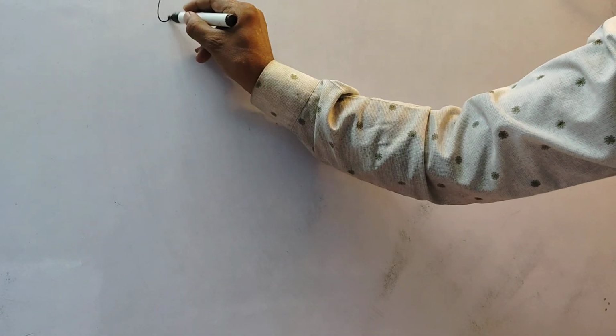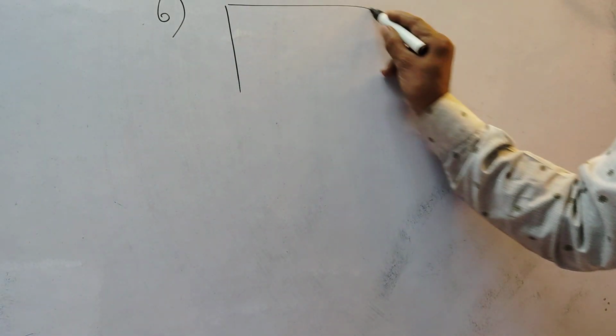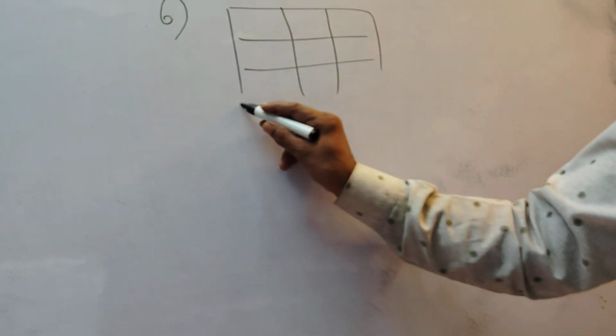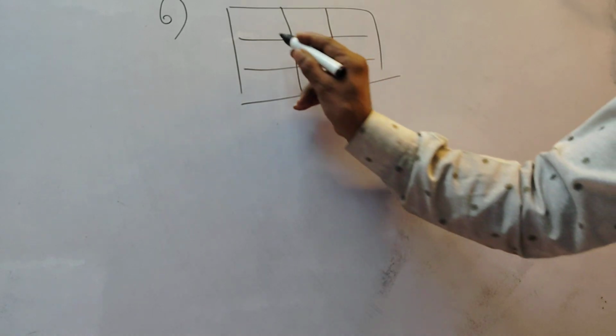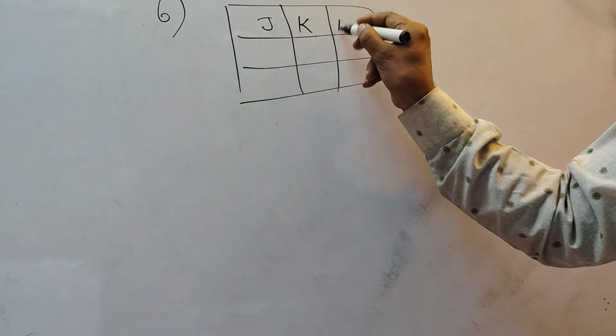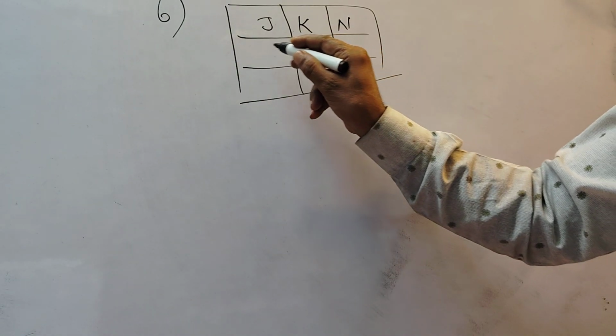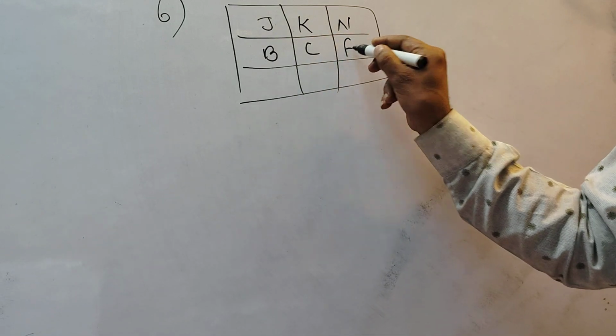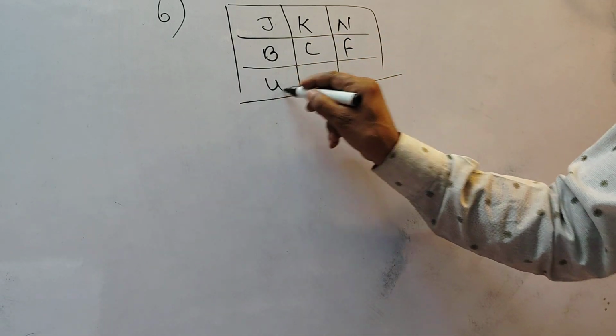Next is the sixth one. There is again a table of alphabets, letters. So there is JKN, then BCF, then UV question mark.